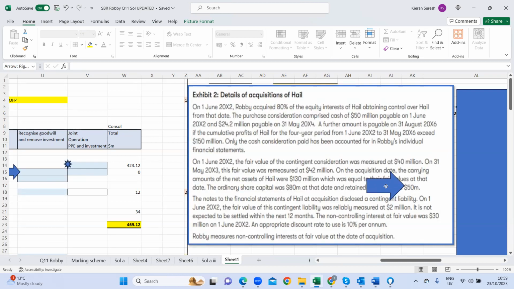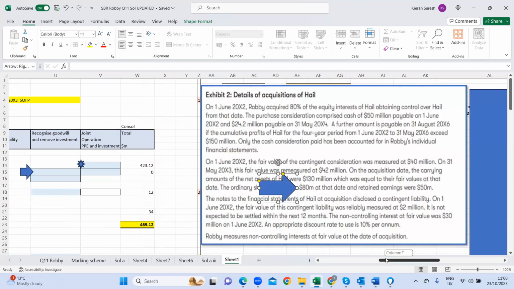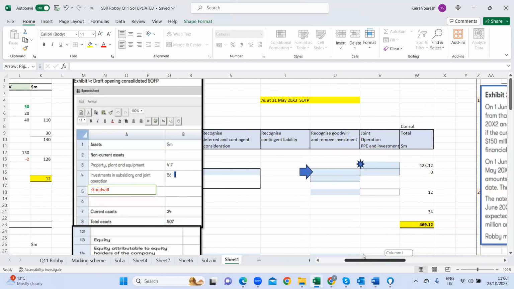What should appear on the consolidated statement is the consolidated retained earnings: the parent's retained earnings plus whatever retained earnings we receive from the subsidiary post acquisition. That is the figure that we should be adding, not the whole bit, right? Because we do not own this. So first we need to remove the 80 million from this balance sheet, right?